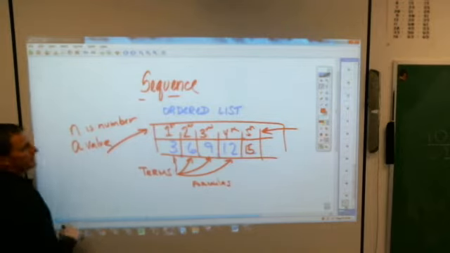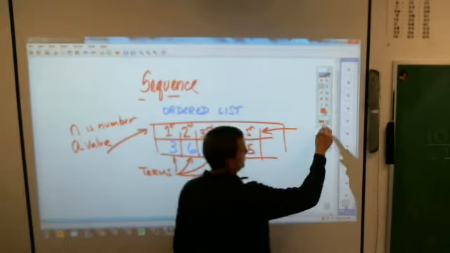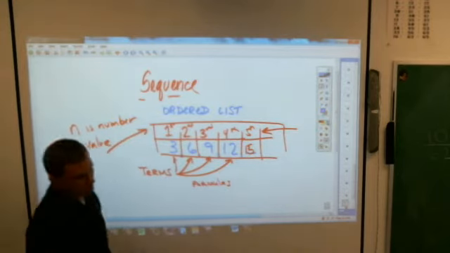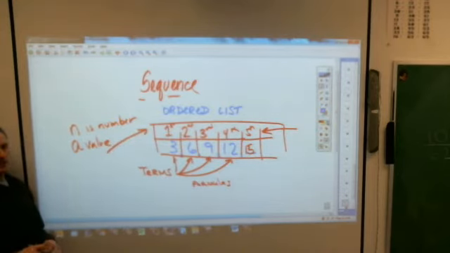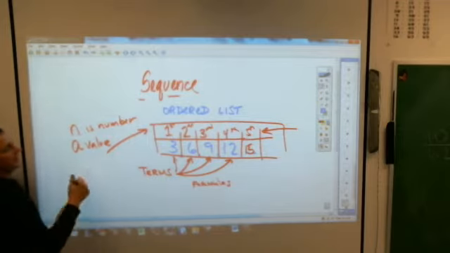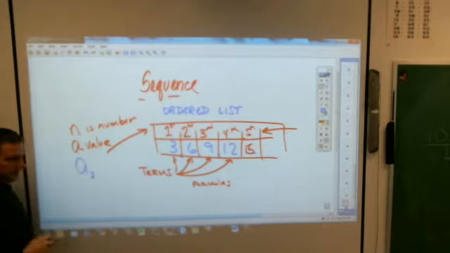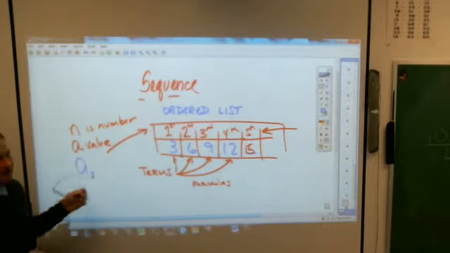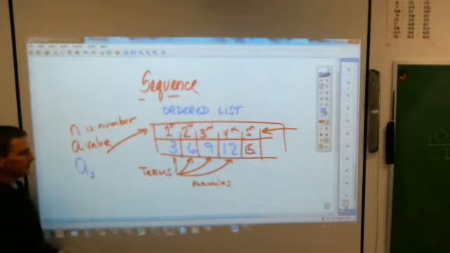A lot of times when you see this, you will see a subscript. Does anybody know what a subscript is? It's not a superscript. Evelyn, it is? Words that are under the thing. Yeah, but we'll be using numbers here. If I say A sub 3, this is not where you substitute a number in there.